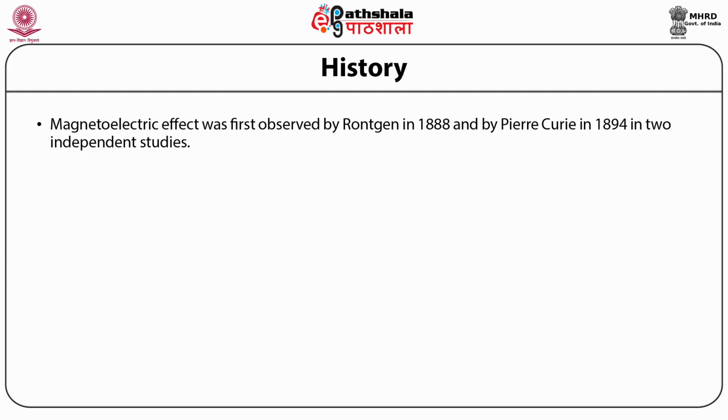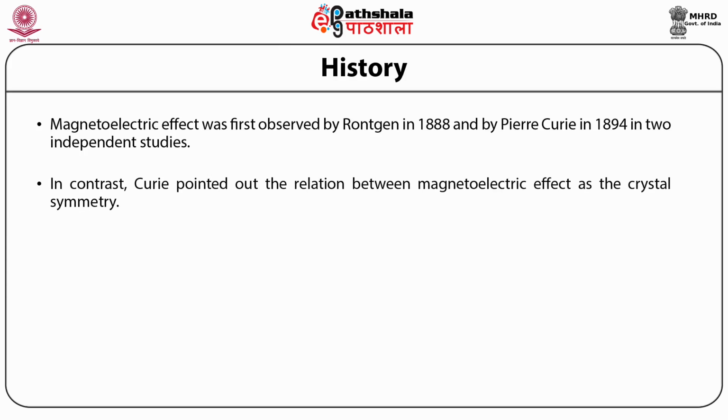Röntgen found that a dielectric, when moved in an electric field, became magnetized, and conversely, it became polarized when moved in a magnetic field. In contrast, Curie pointed out the relation between the magnetoelectric effect and the crystal symmetry.